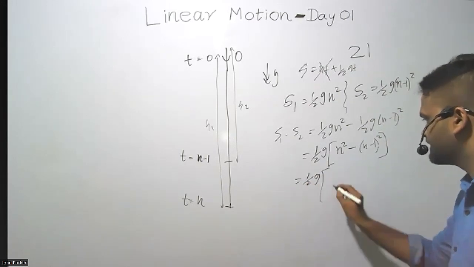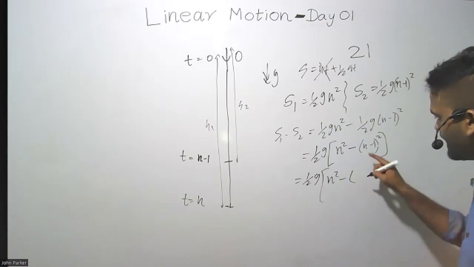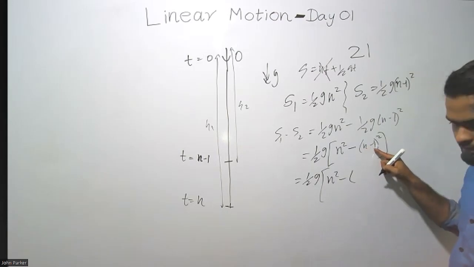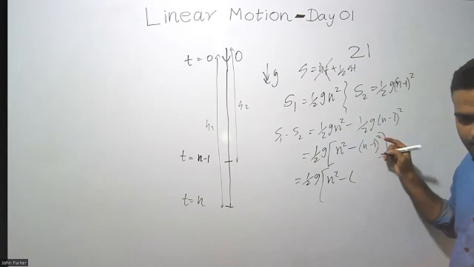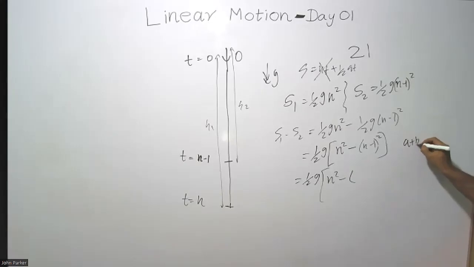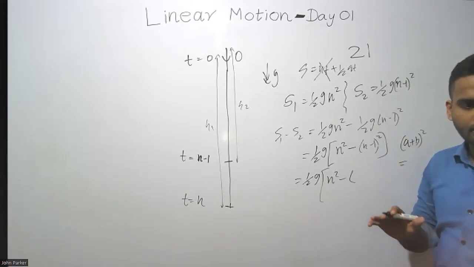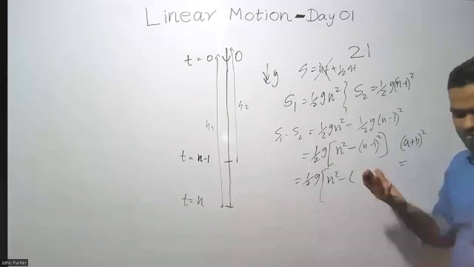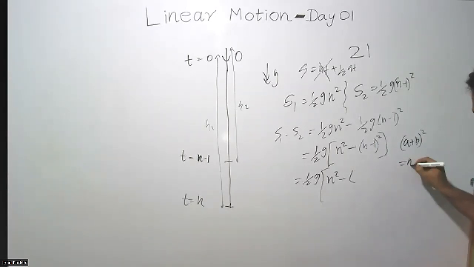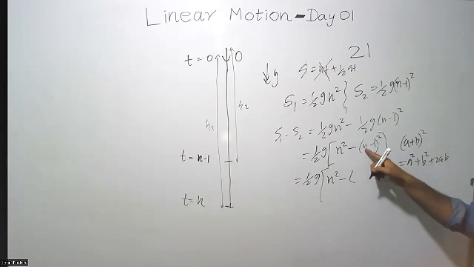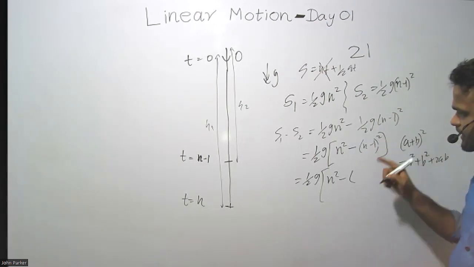Half G, n squared minus, I'll expand this one. This is (a plus b) squared, right? I'm explaining these calculation steps as well, because some students find it difficult. So it is a squared plus b squared plus 2ab. You have to do the same thing for (n minus 1) squared.